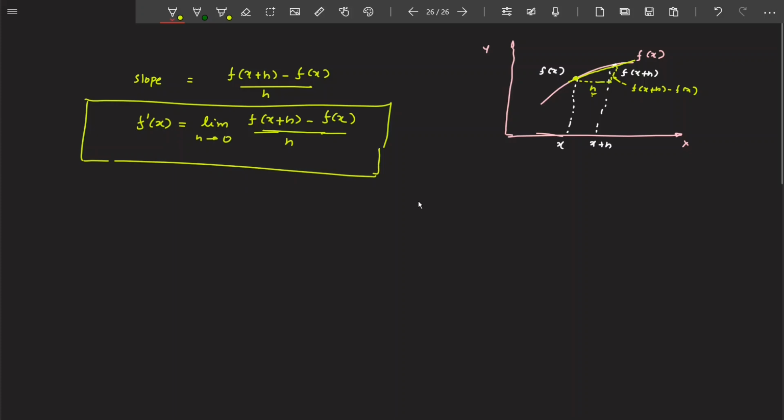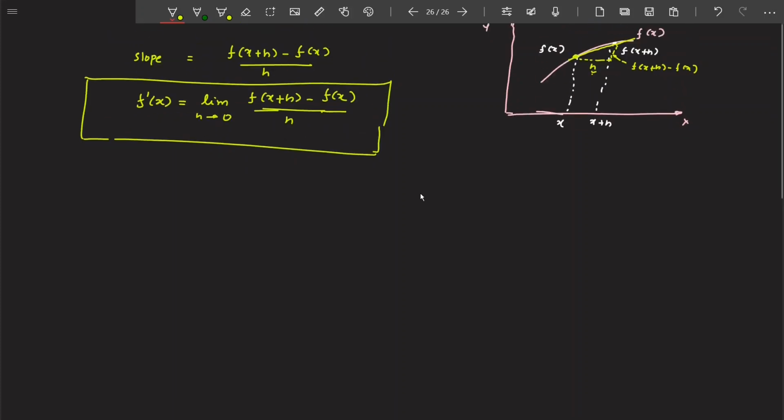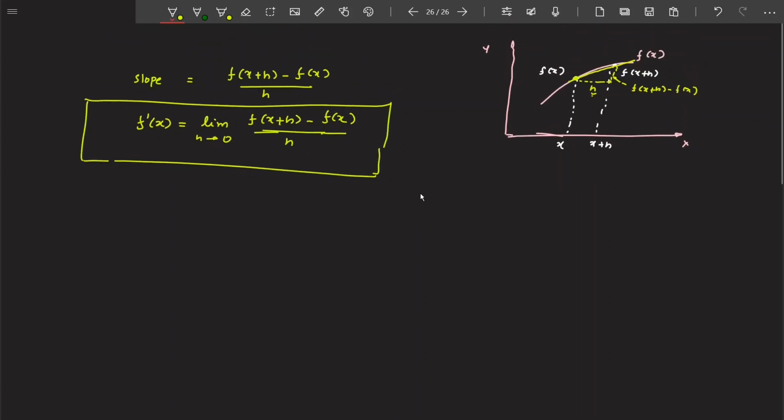So I think in your high school you might have studied derivatives, and you might have used formulas for finding out the derivatives. Like when you say derivative of x raised to n is nothing but what? Yeah, so this is also one way, known as Leibniz notation for writing down the derivative.